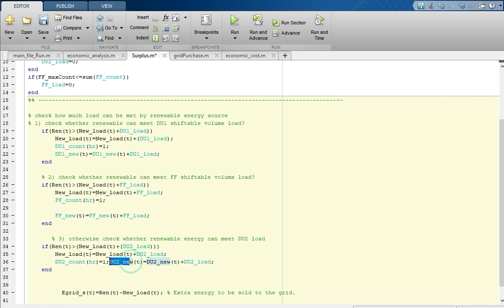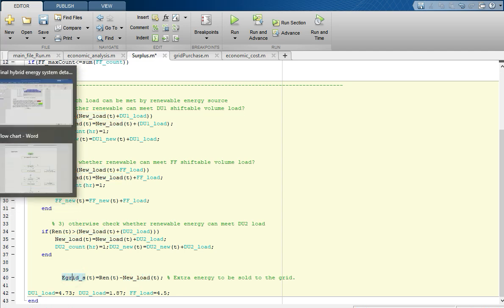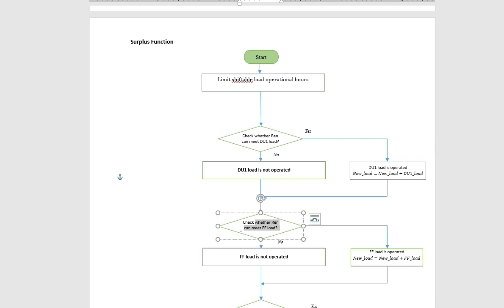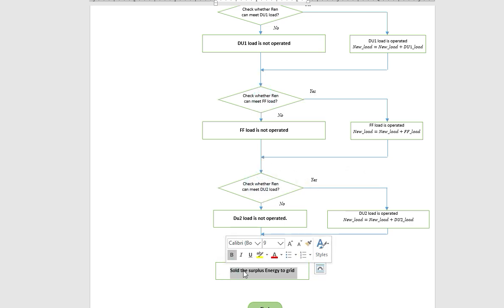DU2 new means the rescheduled load, because we have operated this DU2 load. If we still have extra surplus energy, renewable minus the updated new load, then sell that to the grid. Exactly in the same way, DU1, FF load, and DU2 load are all checked. If there is still extra energy available, it is sold to the grid.